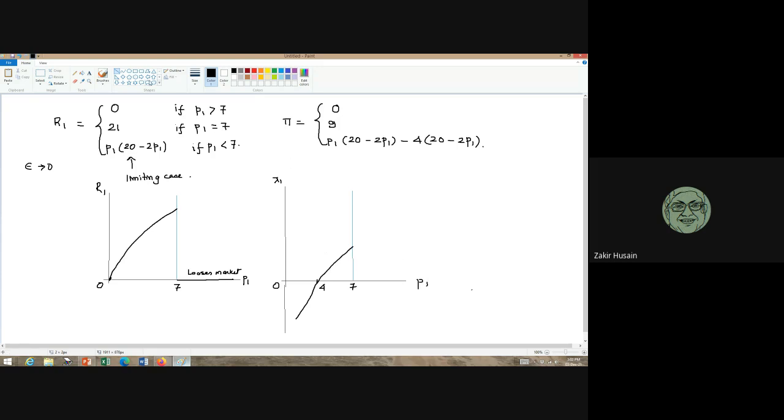And it's possible to show over here that the line will touch it at Q equal to 0. Is it clear?